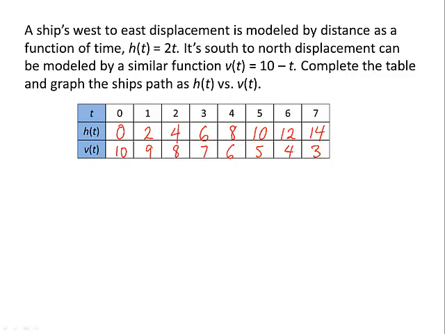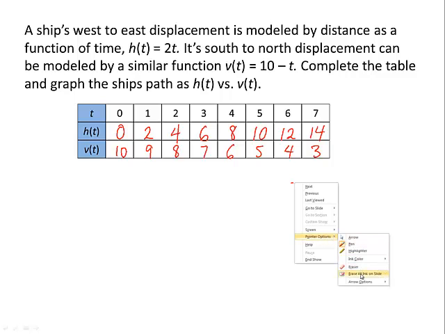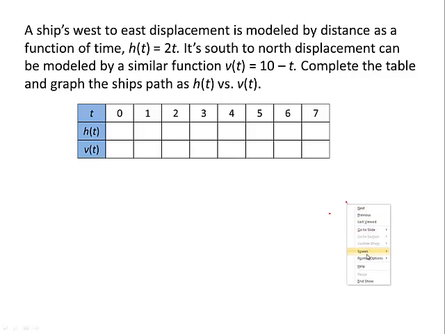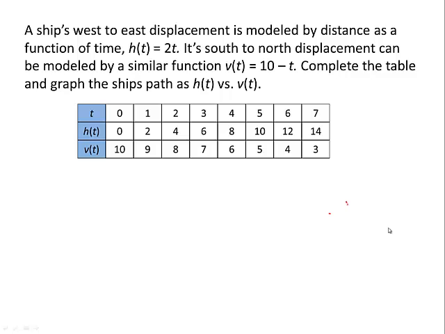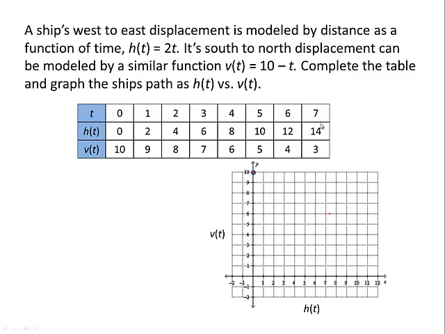Okay, and if we graph t and v, we will get this point here, 0, 10 at time 0, and after 1 unit of time it will be at 2, 9, and so on: 4, 8; 6, 7; 8, 6; 10, 5; and 12, 4.